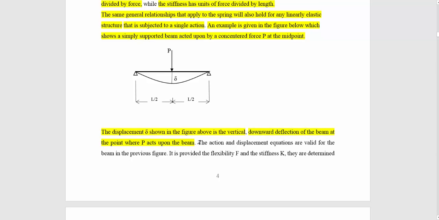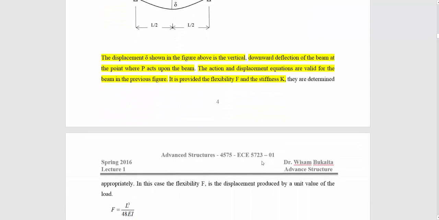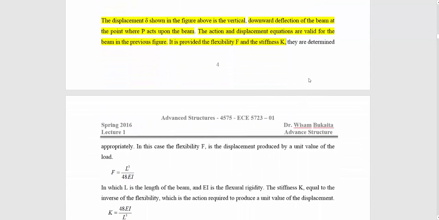The action and displacement equations are valid for the beam in the previous figure, provided the flexibility F and the stiffness K are determined appropriately. In this case, the flexibility F is the displacement produced by a unit value of load.